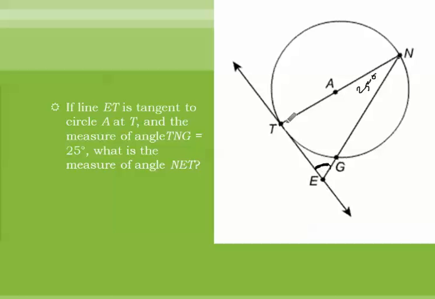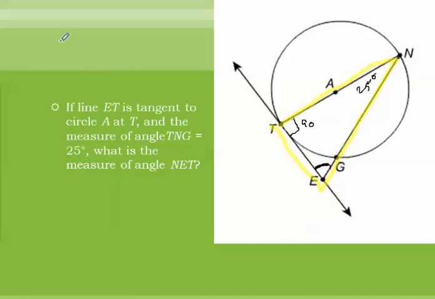Well, you know what? Because this is tangent and this is a radius, tangent and radius are perpendicular. So that's 90 degrees. So all I got to do is look at the triangle. I'm not even looking at the circle at this point, okay? I'm just looking at the triangle right here.